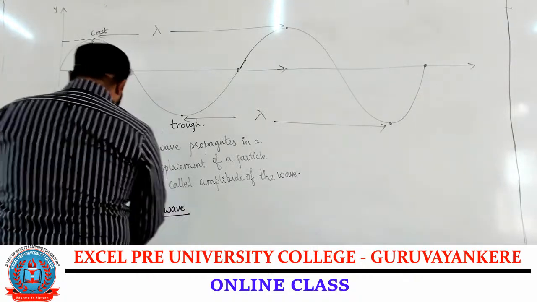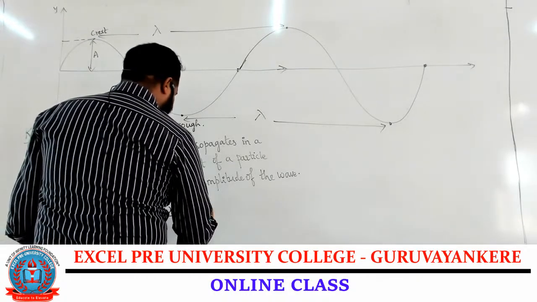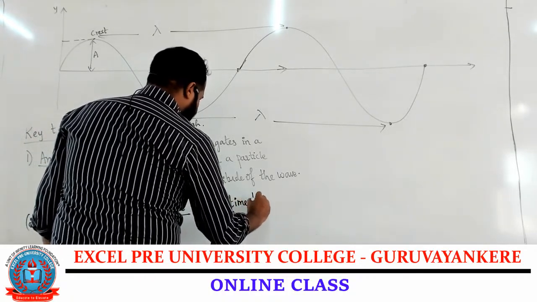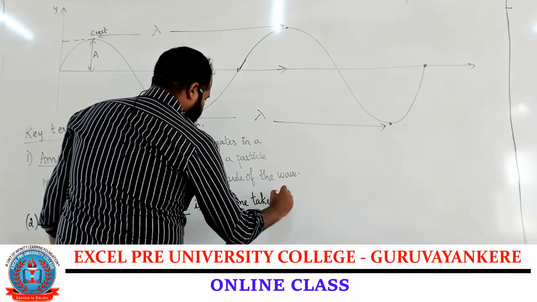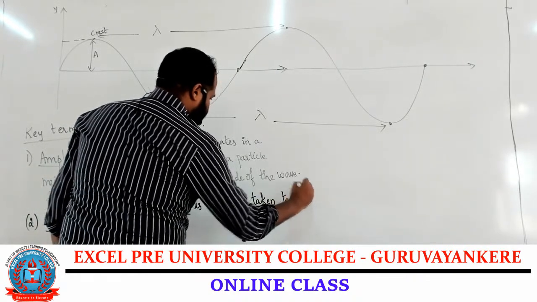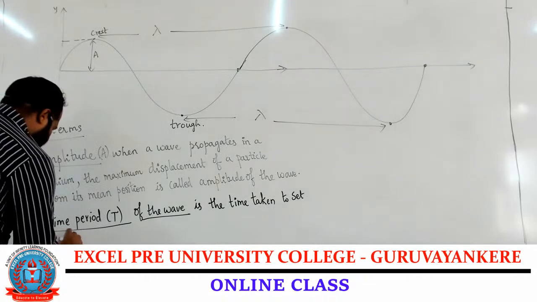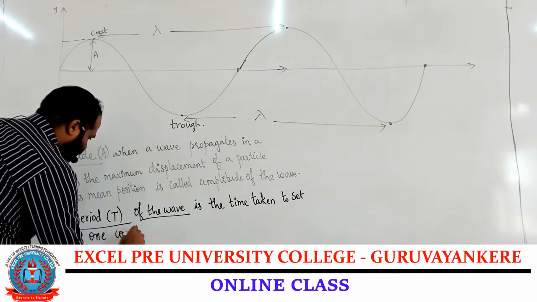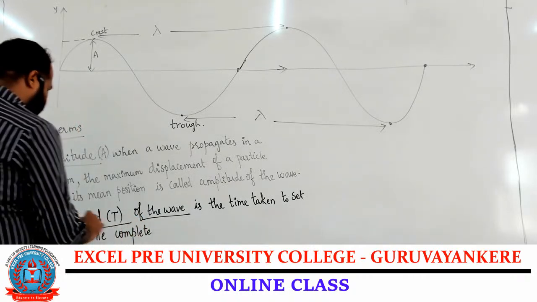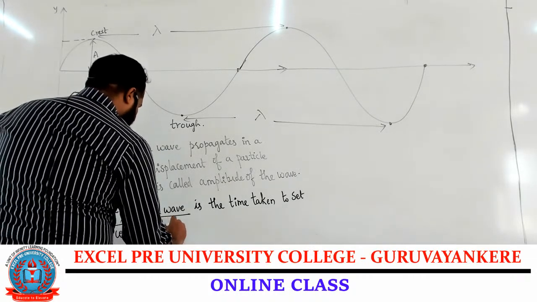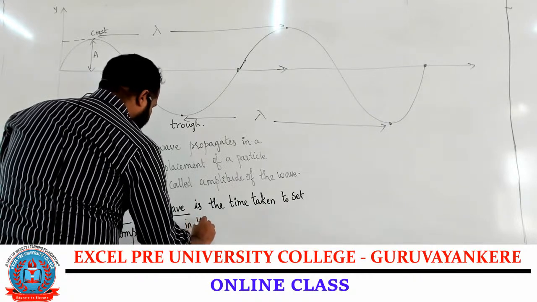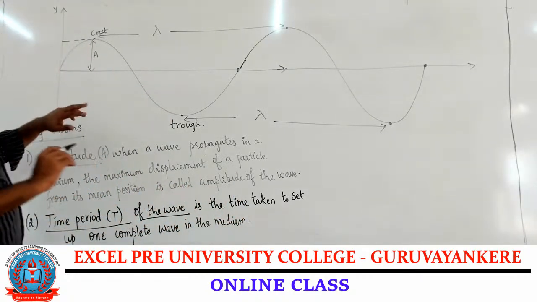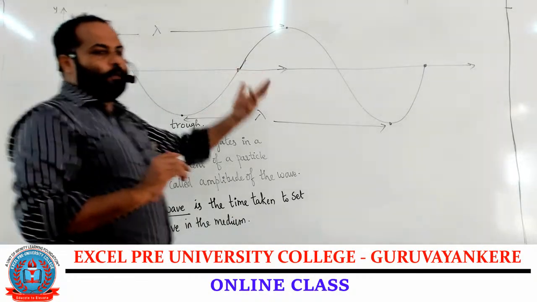The time period of the wave is the time taken to set up one complete wave in the medium, or it is also the time after which the cycle repeats itself.